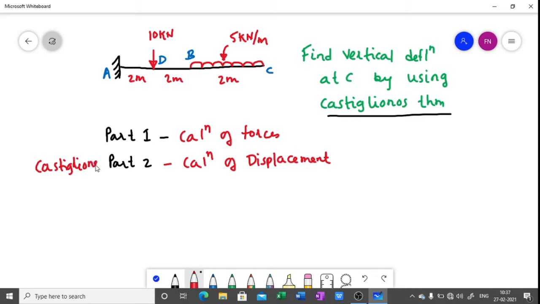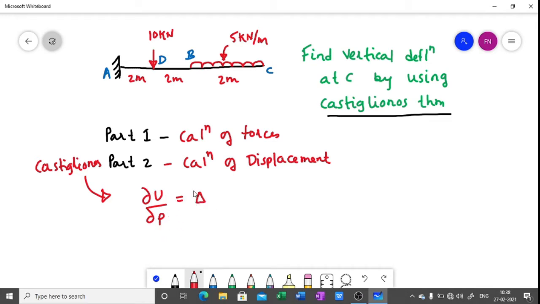First we have to understand the statement of Castigliano's part 2 theorem. The statement is: partial derivative of strain energy with respect to force is equal to displacement in the direction of the force.